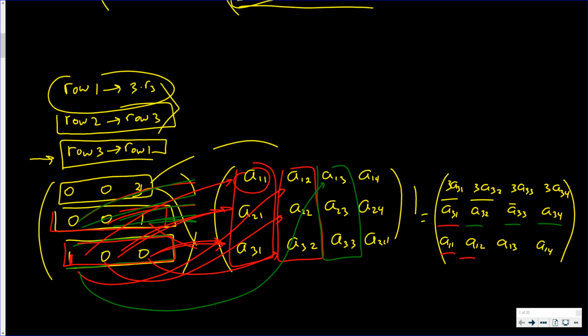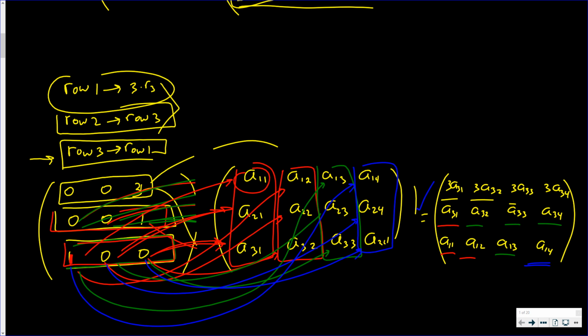Last column, only gonna pick up the A14, because 1 times A14 is A14, plus 0 times A24, plus 0 times A34 is A14. I got the right answer.